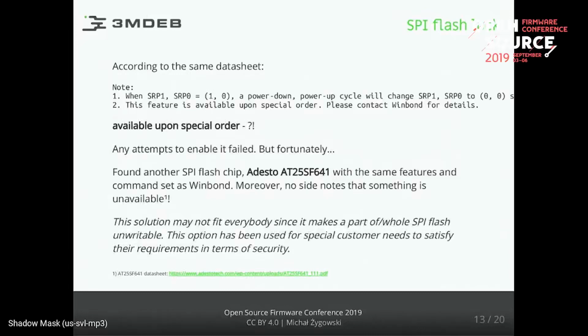So probably I would have to order thousands of chips to get that mode working. Or look for another SPI flash part that would do it out of the box without any special orders. And I fortunately found it. I found a desktop chip, which has surprisingly the same instruction sets, the same registers, and everything. And moreover, has the SPI one-time programmable mode available without any restrictions.